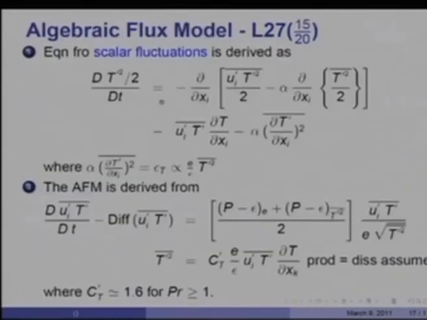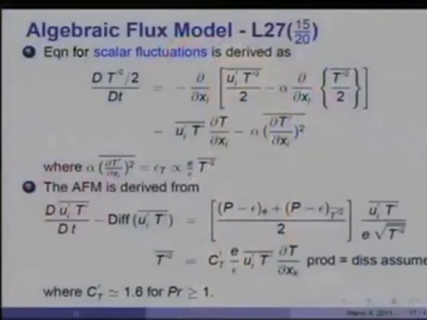Like we derived the algebraic stress model, we can also derive an algebraic flux model, but to do that we need to first of all derive an equation for turbulent temperature fluctuations, and that is shown here.